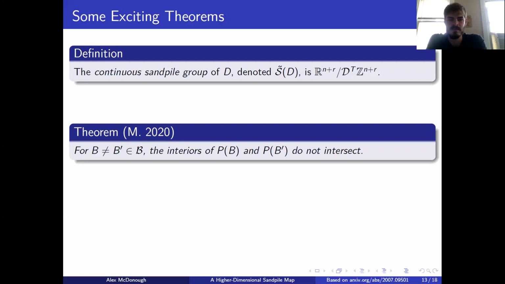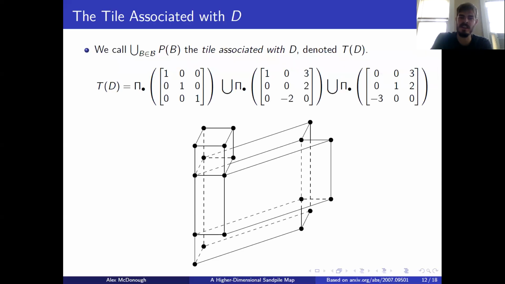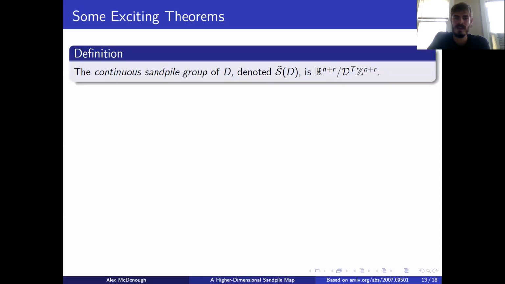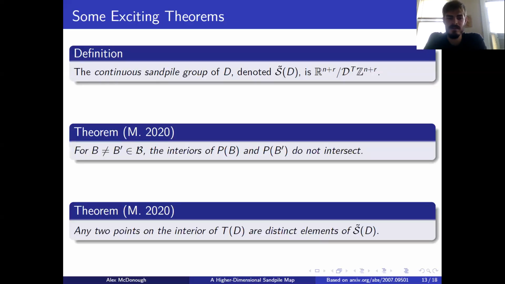So here's a cool theorem. The interiors of each of these parallelepipeds do not intersect. So we can see in this example, we have 3 different pieces and they intersect at the boundary, but they don't overlap each other at all. And furthermore, even more amazingly, any 2 points on the interior of our tile are distinct as elements of the continuous sandpile group.